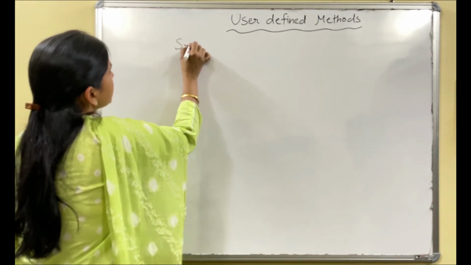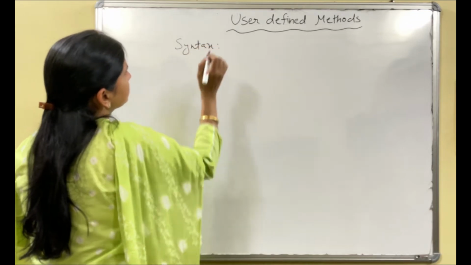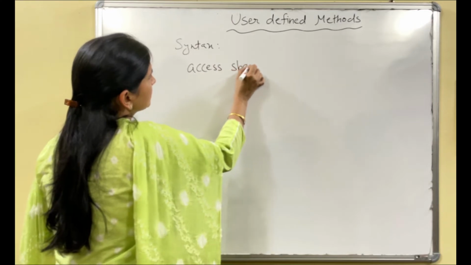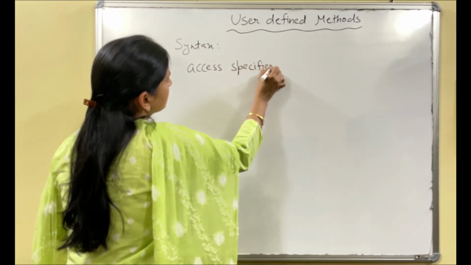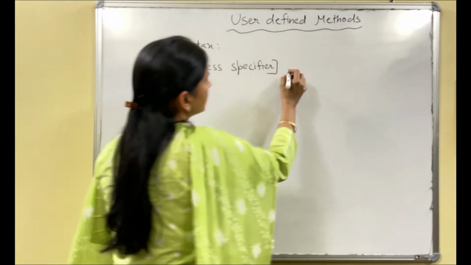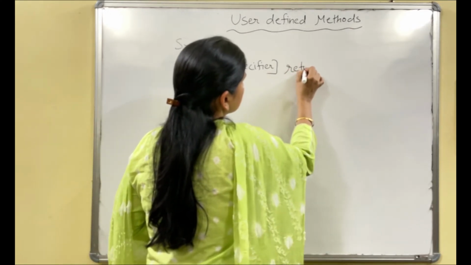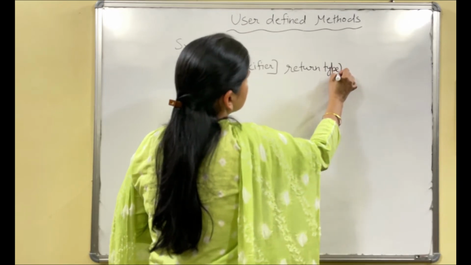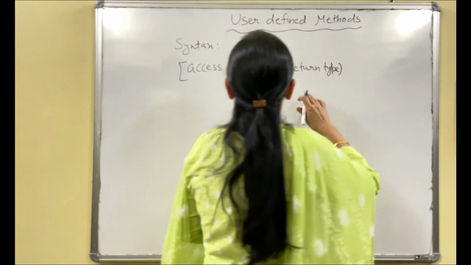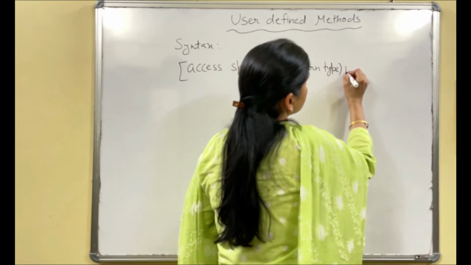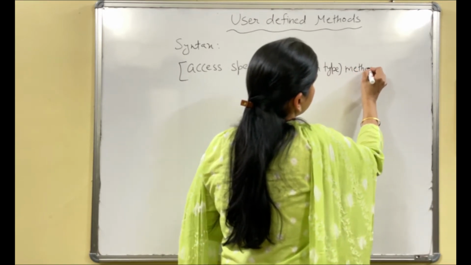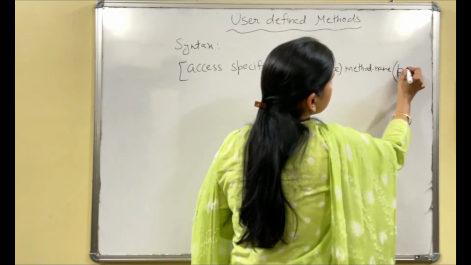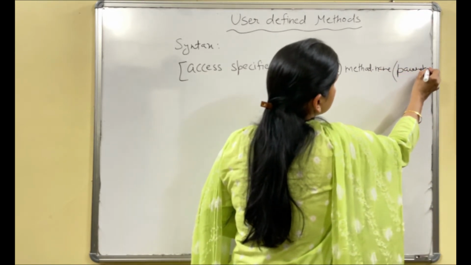Now the syntax is: first we will write the access specifier, then the return type, then the method name, and then in brackets we pass the parameter list.